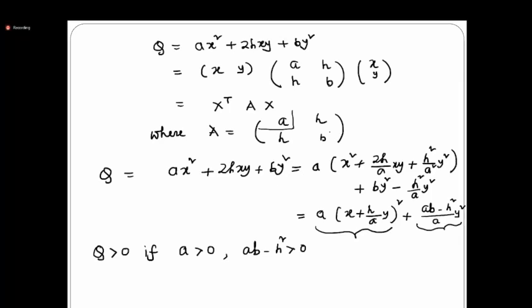And ab minus h square is nothing but the determinant of the matrix. So if I have to check whether a matrix is positive definite or not, I can check only the elements of the matrix A. If I find that the first element of the matrix is positive and the determinant of the matrix is positive, then we can say that the quadratic form is positive definite. Is it okay?